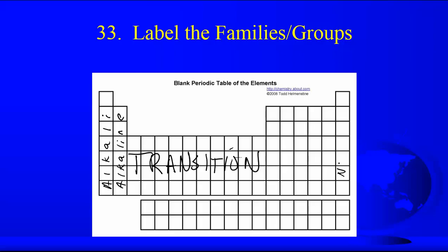Then over here, totally inert, not interested in anything or anybody, are the noble gases. Next to them are the halogens. Just like the alkali were very, very dangerous to us, and the alkaline to a smaller extent, the halogens are very dangerous in that they want to take away an electron.